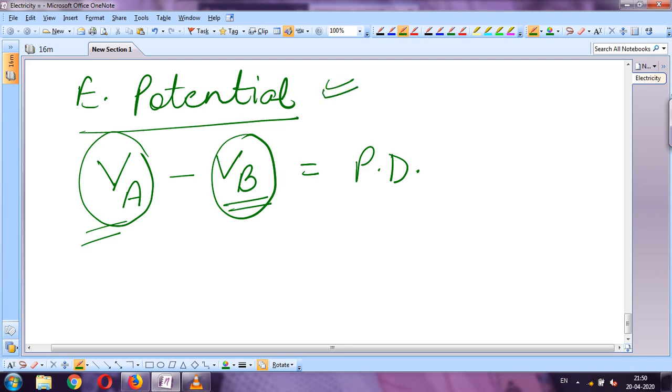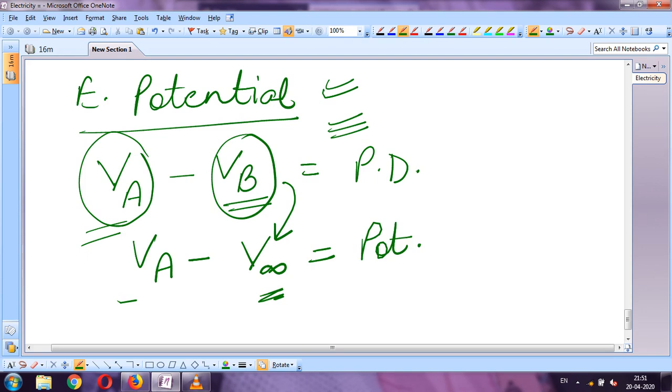But how will we define it? Potential difference we talked about between 2 points. Potential we talk about for a single point. Then in place of the other point, what will we take? We will take infinity. So VA minus V infinity gives us potential.